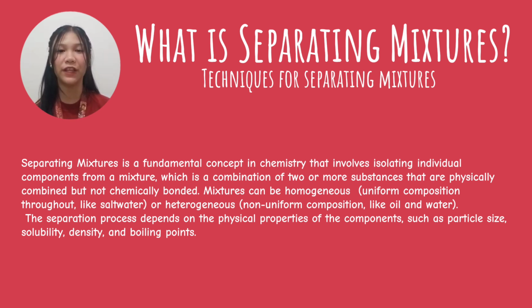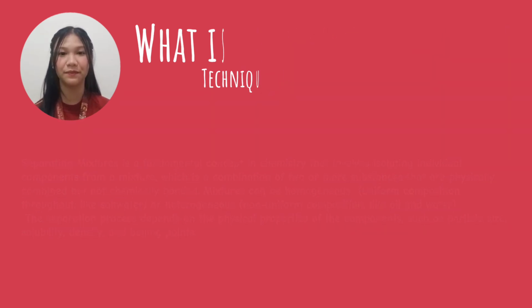A mixture can be defined as homogeneous or heterogeneous. The separating process depends on the physical properties of a component, such as size, particle, solubility, density, and boiling point.